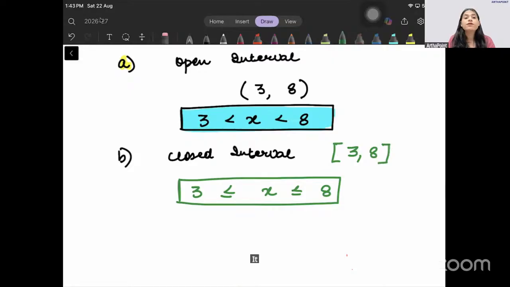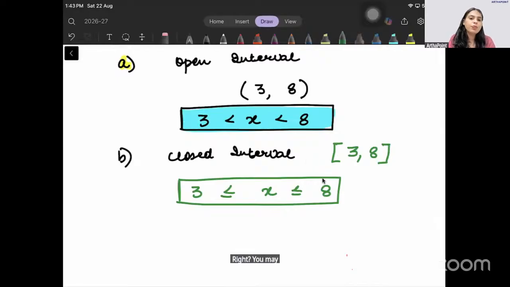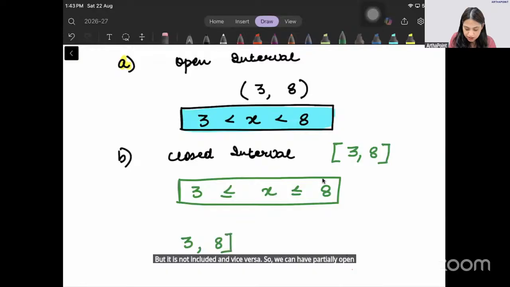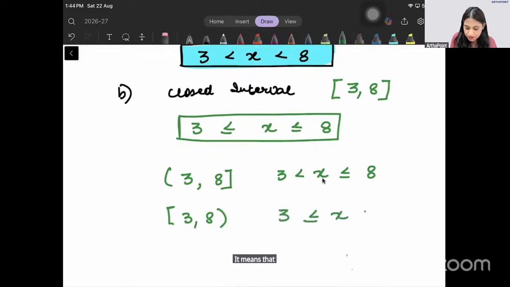It is very well possible that you may not have a completely open or a completely closed interval, right? You may have open from one side and closed from one side, right? So you may have a possibility where 3 is included, but 8 is not included and vice versa. So we can have partially open, partially closed intervals as well. It means that 3 is not included, but 8 is included. And it means that 3 is included, but 8 is not included, right?